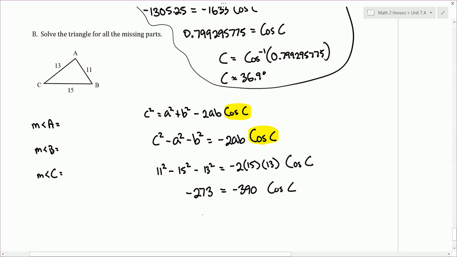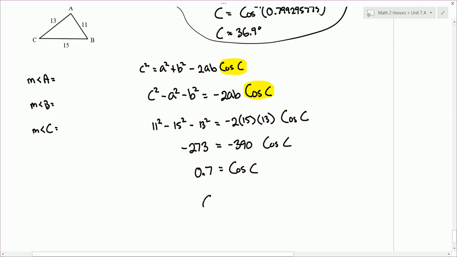And you get 0.7 is equal to the cosine of C. To get C by itself, you take the inverse cosine of 0.7. And we get C is roughly 45.6 degrees.